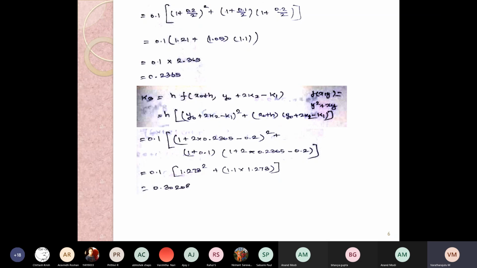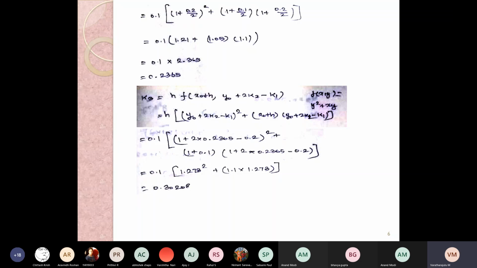Has anyone calculated the value of K2? You are getting K2 equal to 0.2365. Yes, sir. Has anyone calculated the K3 value? We'll wait, we'll give some moment.